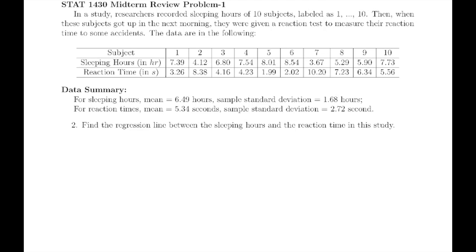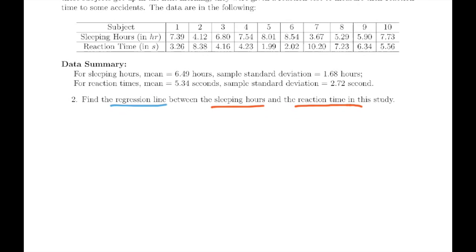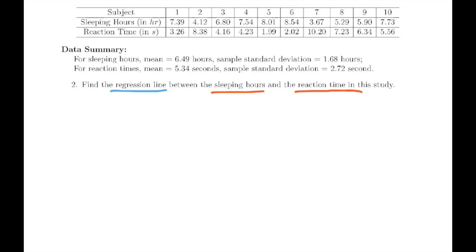In the second part, we want to find the regression line between the sleeping hours and the reaction time in this study. So remember, the regression line we study in this course is in the form of y equal to b1 times x plus b0.